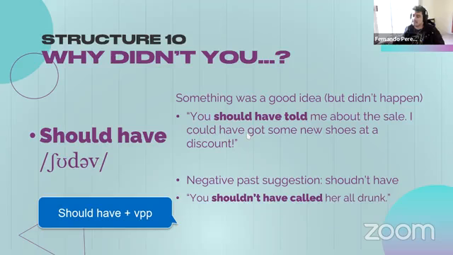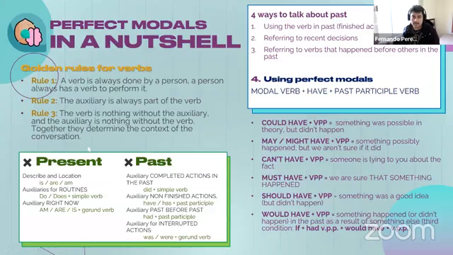There you have it, guys. Great examples, great class. Okay, so you have to remember that when we are talking about auxiliaries and structures, the first thing you need to remember is to associate the auxiliary with the context of the conversation.